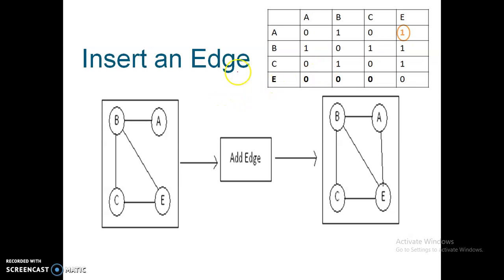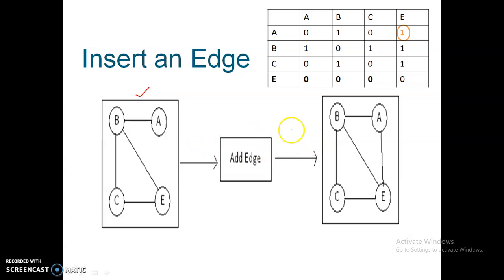Next, insert an edge. This is the initial graph we have, A, B, C and E, and already there are 4 edges. Now I want to add one more edge in the graph.